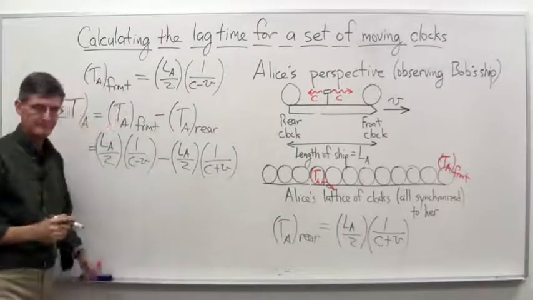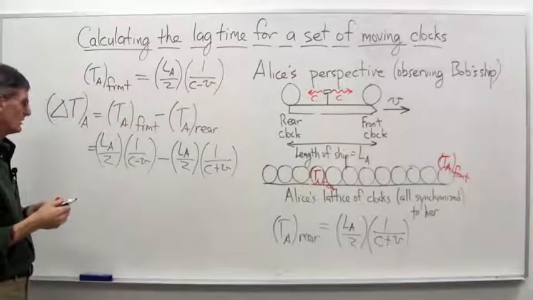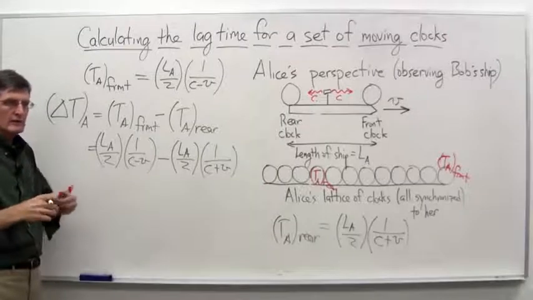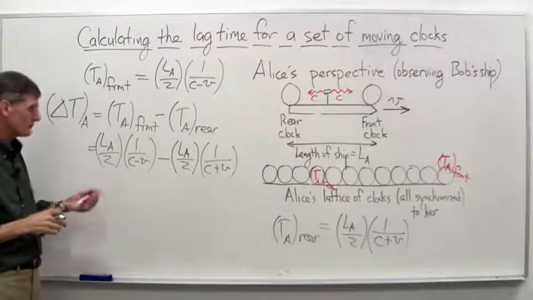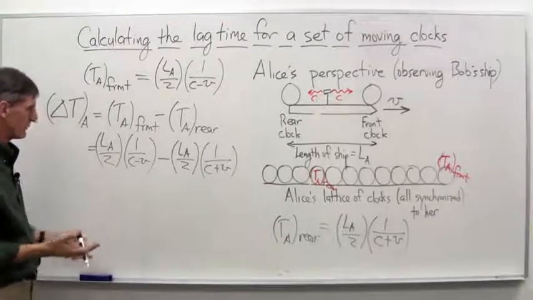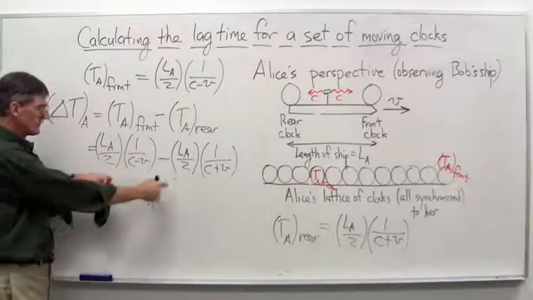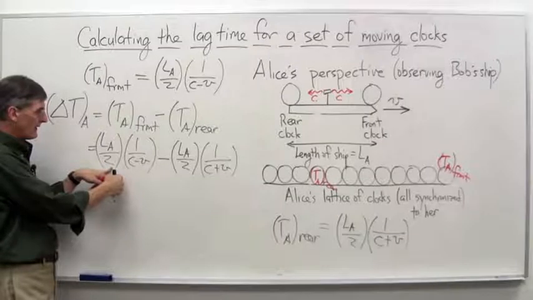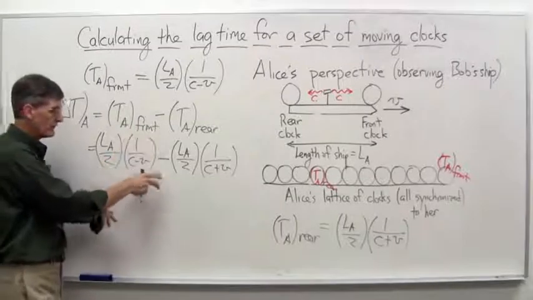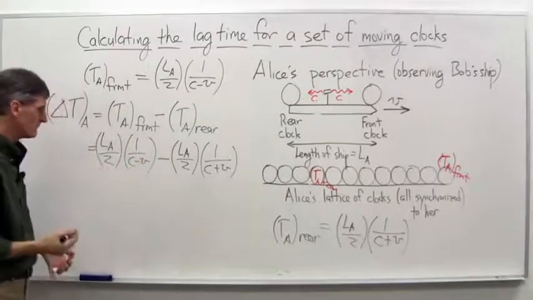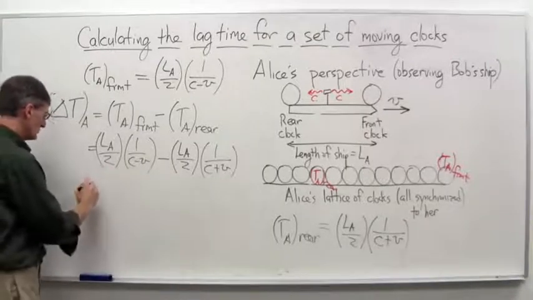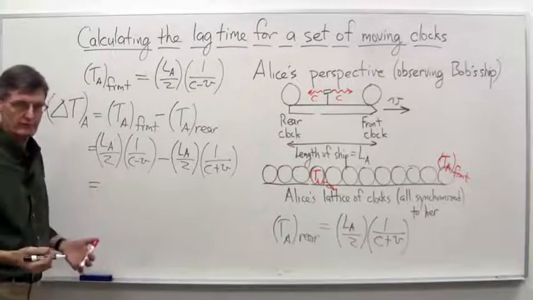And, a little algebra required here, it's interesting what happens, because you look at it and say, well, there's not much difference. Clearly, I've got an LA over 2. We can pull that out in each case. And then we just have the 1 over C minus V minus the 1 over C plus V. It doesn't look like that would be too difficult or give us some interesting results.